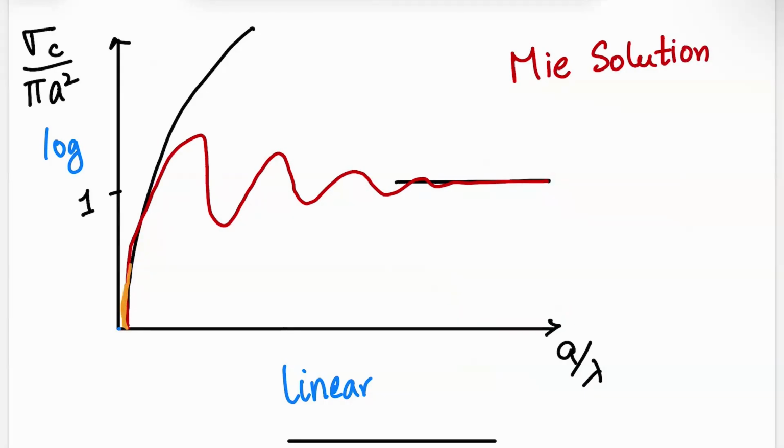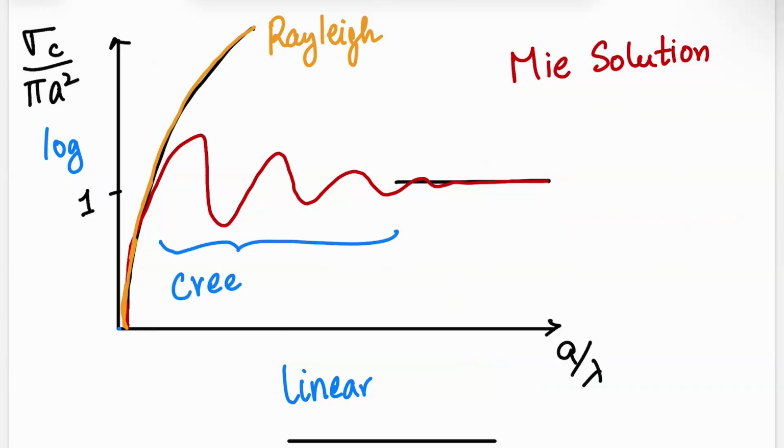This low frequency approximation is called the Rayleigh approximation. And these oscillations are called creeping wave oscillations. We'll see what that is. The full solution is called the Mie solution.